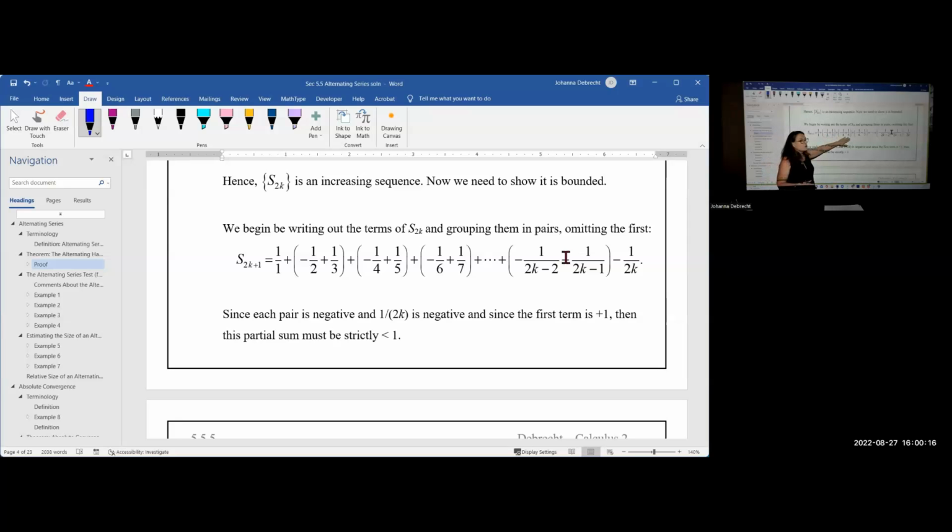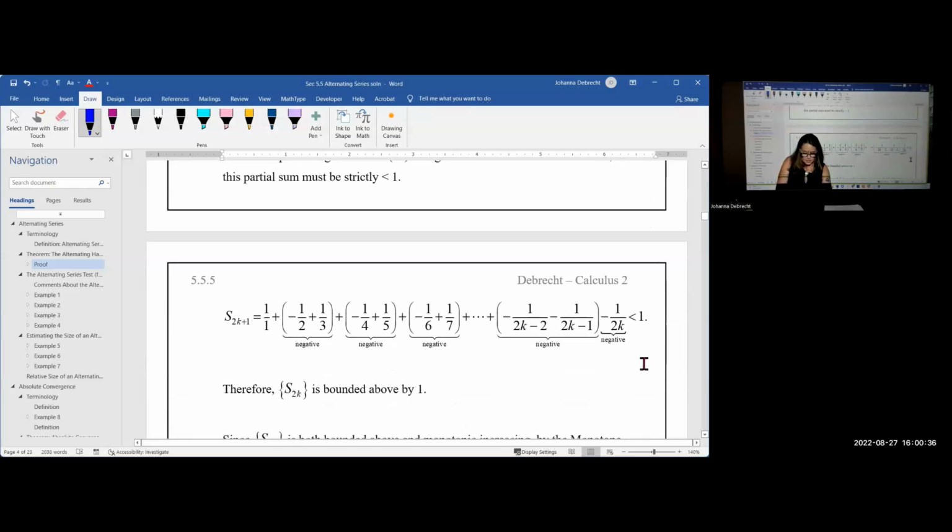And the same is true of the next pair of parentheses, and the next pair, and the next pair. In other words, all those pairs of parentheses must come out to be negative terms. And we can also see that this last term is definitely negative because it's negative 1/2k.